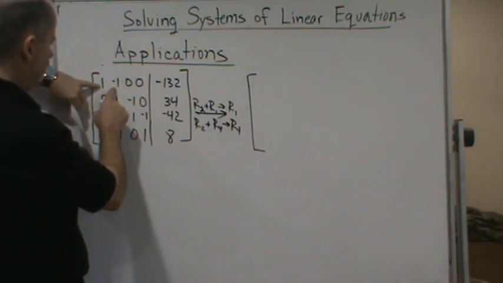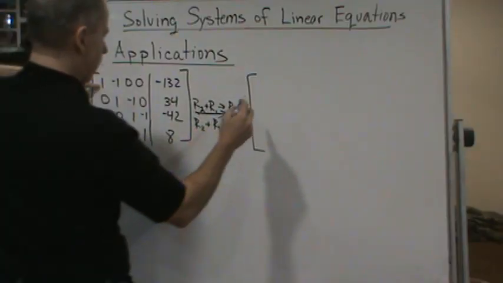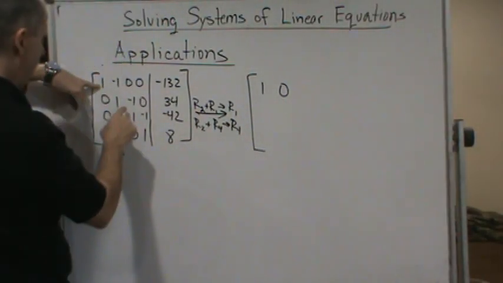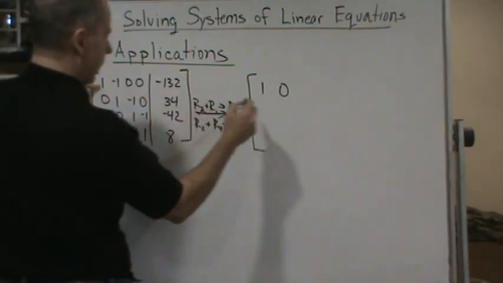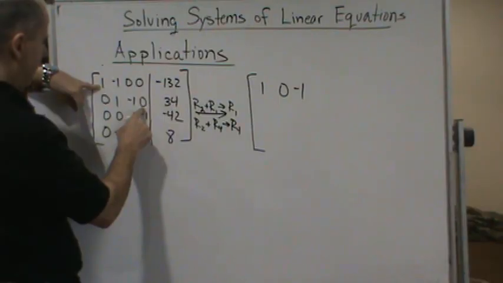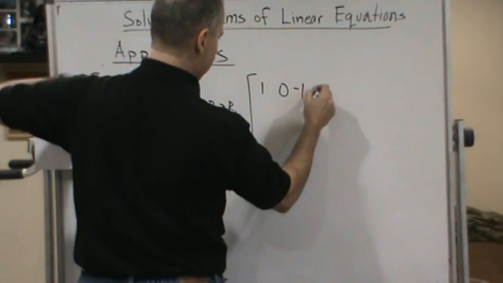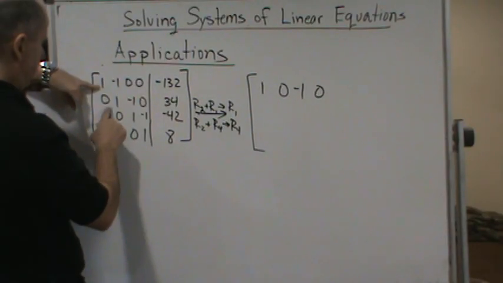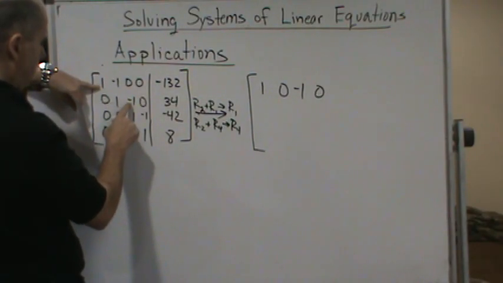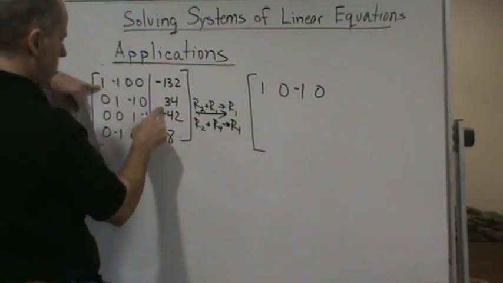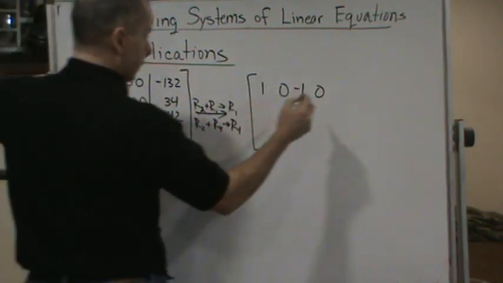Well, this is going to become 0, right? So now it's going to be 1, 0, and then -1, right? And then 0, right? So row 2, so this is going to be 0, and this is going to be -1, 0, and then this is going to give you -98.